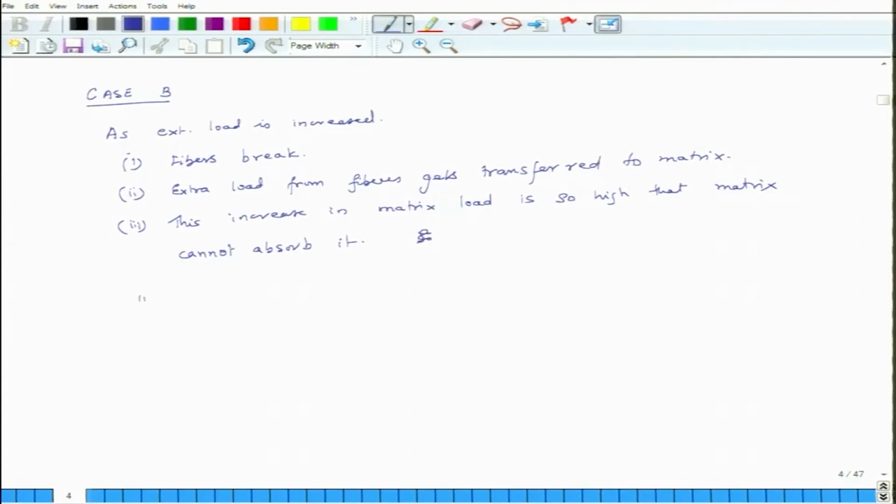So, fourth, the matrix also breaks immediately. So, we can say that fibers, matrix and composite fail at the same load.